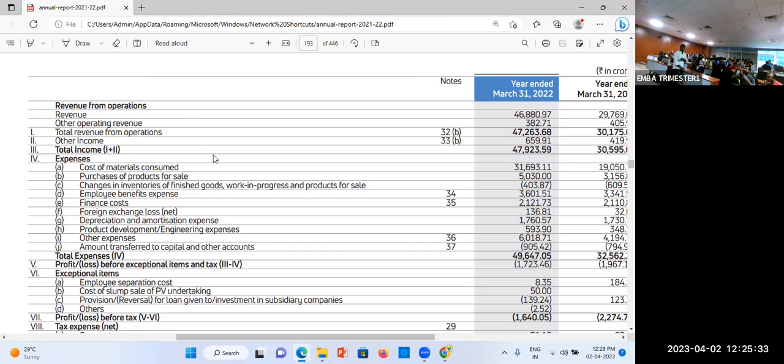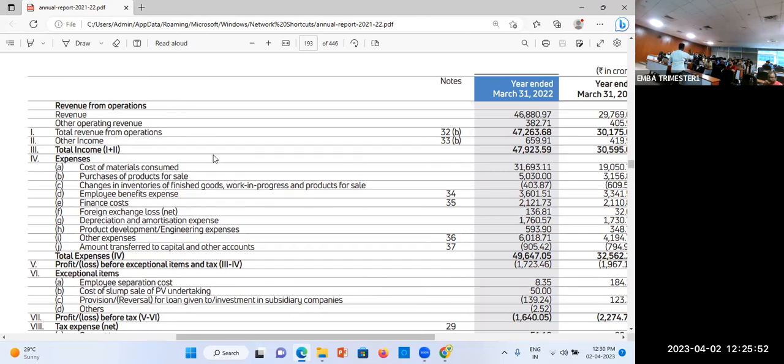So how much interest do you have to take here? 2,000. 1,000 plus 1,000, 2,000. That second 1,000, where will you write it again? In the balance sheet, which column? Payables, liabilities. Interest outstanding 1,000 rupees.